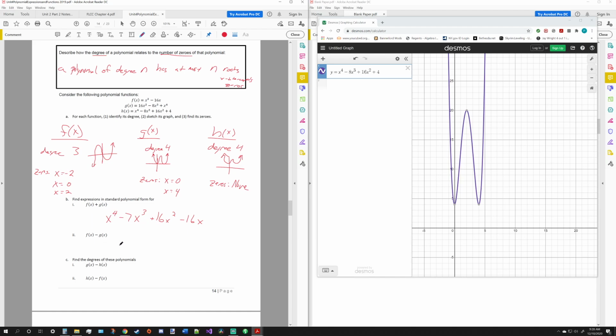And then when we subtract f of x minus g of x, I'm going to write that out just because I don't want to mess up the signs. So there's f of x minus parentheses g of x.